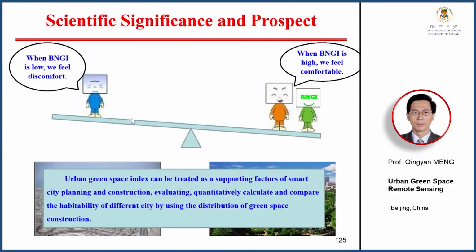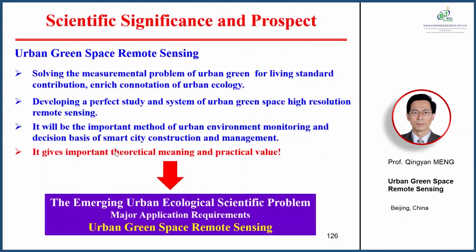And I hope we live in high urban green space and enjoy it. Urban green space, I think, is an emerging urban ecological scientific problem, and it can help develop the study and form the system of urban green space high resolution remote sensing.